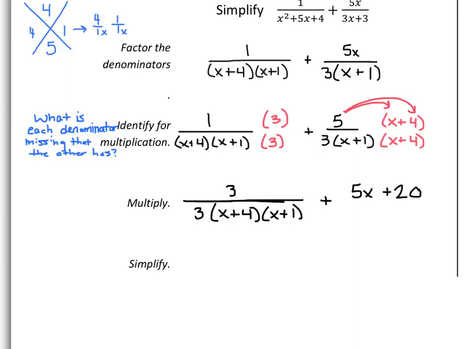What happened to the x on top? Oh, you're right, that's supposed to be an x right there. I forgot to write this x right here. Whoops, but now it's there. So 5x times x is 5x squared. 5x times 4 is 20x. And then the denominator is the exact same as the first one, which is our goal.